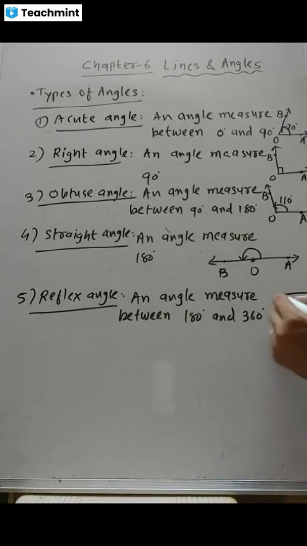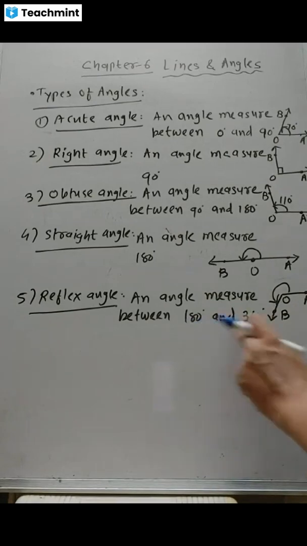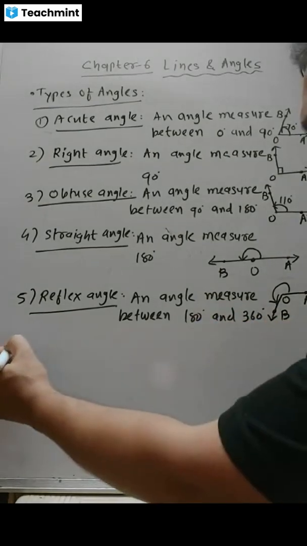Suppose that angle AOB is a reflex angle. That angle is more than 180 degrees but less than 360 degrees.